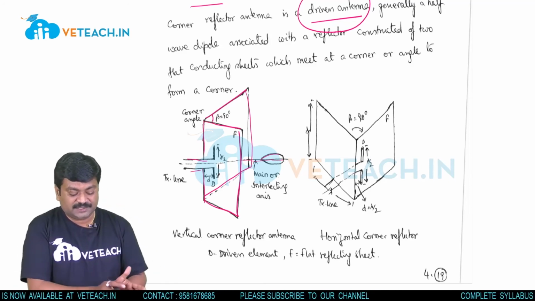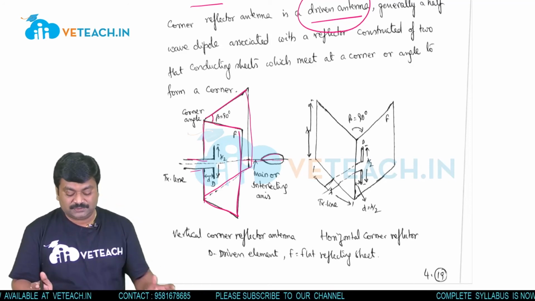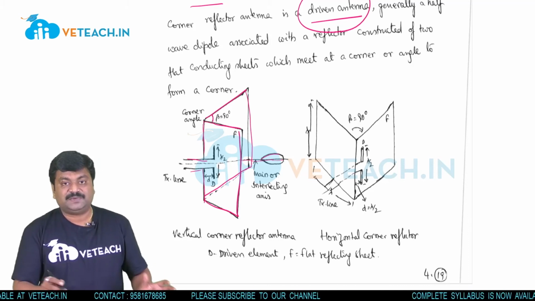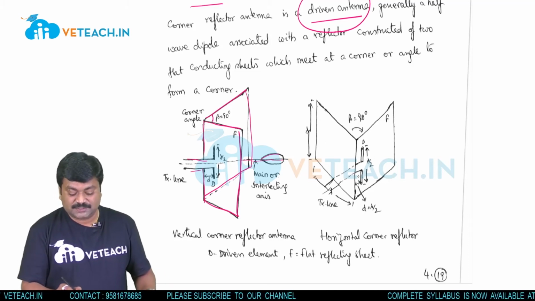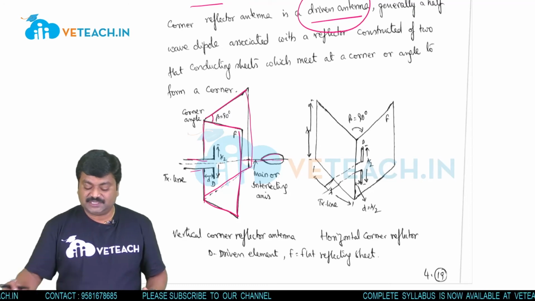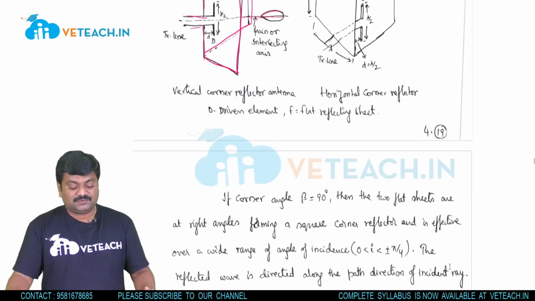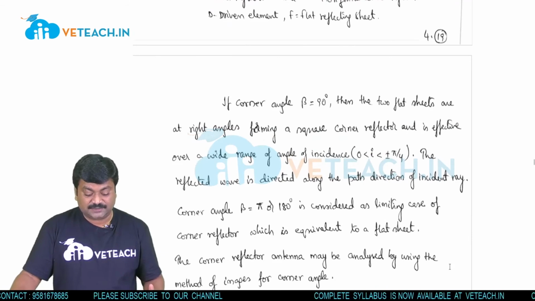So the main or intersecting axis is where the radiation pattern will be more directive. Here I am showing the same diagram in a top view. That is, here I will be placing two flat sheets, and in between I am placing a dipole. One is vertical, the other one is horizontal.